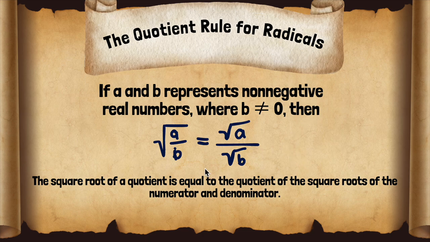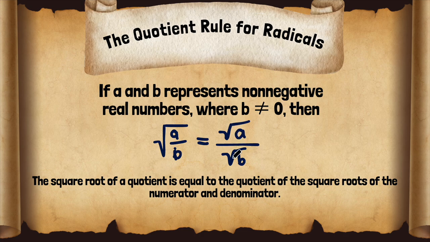Sabi lang dito sa quotient rule, if A and B represent non-negative real numbers where B is not equal to 0, okay, itong denominator na B dapat daw hindi equal to 0, then we can say that square root of A over B is equal to square root of A divided by square root of B. So, parang ginawa dito, sineparate na yung mga radicand or radical symbol sa bawat letters dito na A and B. Dapat daw si B ay hindi equal kay 0.